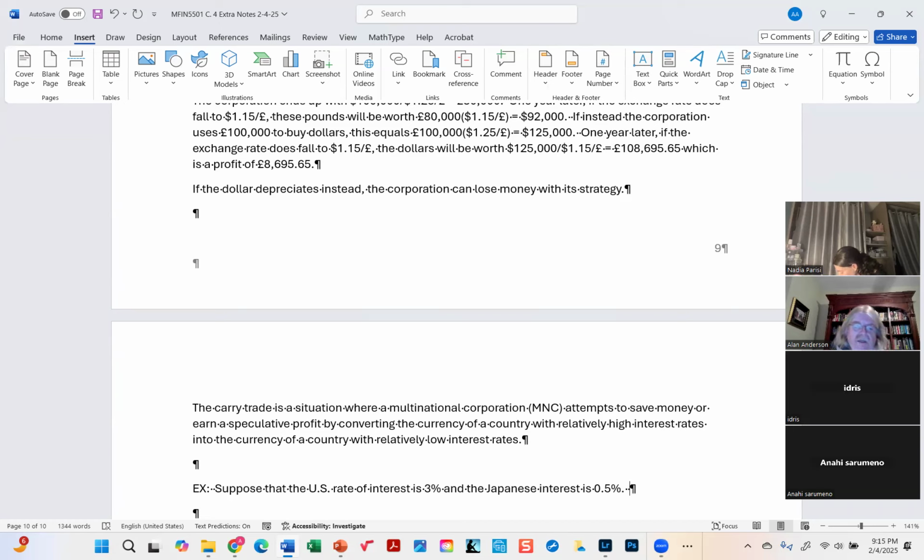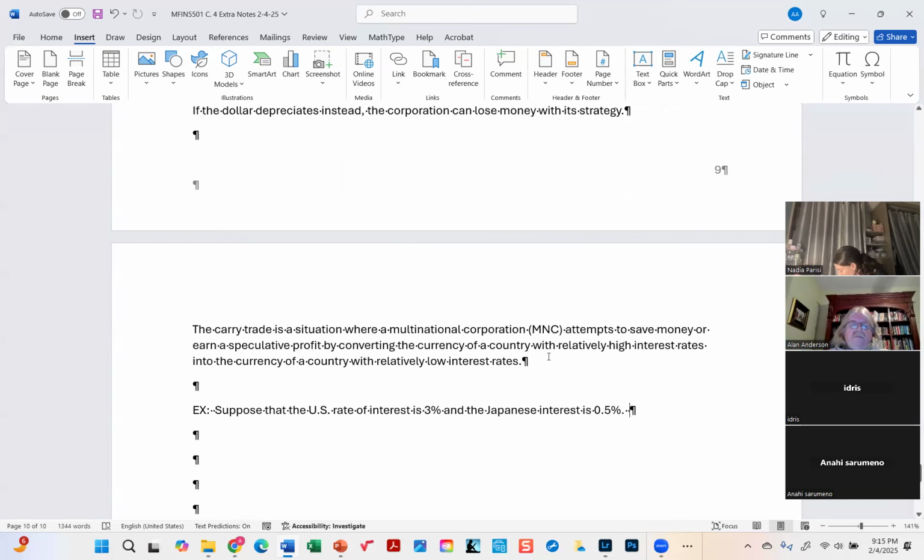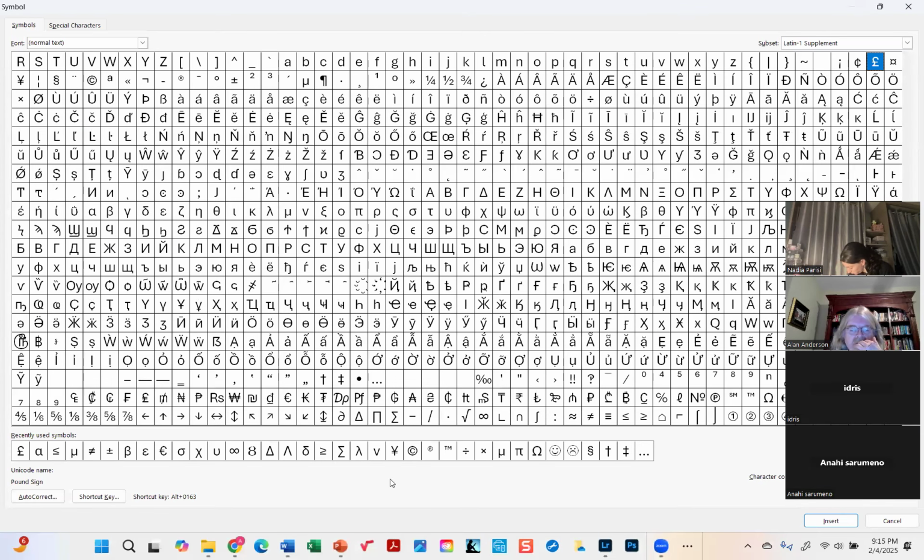So a multinational. Oh, and we need to know the exchange rate. Suppose the exchange rate is 100 yen per dollar. Here's the yen.